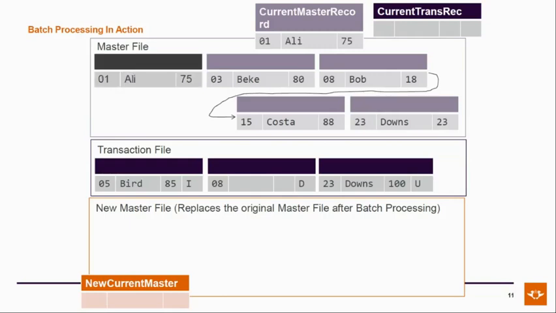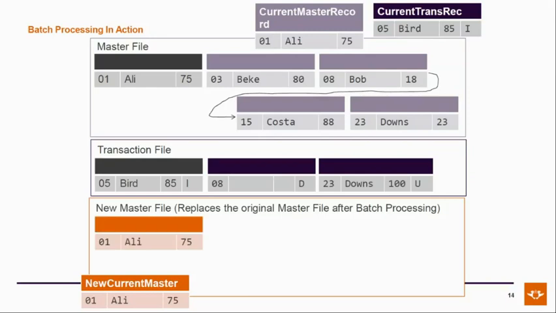So the first master record you'll read is Ali. Ali is token 1, nothing to change there, so that is currently being added to the new master file. But at the same time, you're checking the transactional file to make sure that nothing is happening there. If nothing's happening there, it gets added to the new current master.